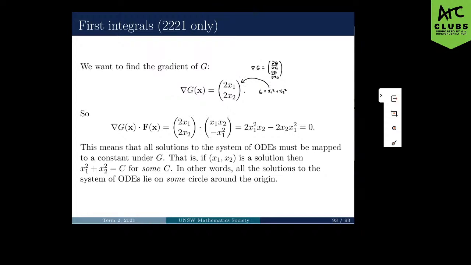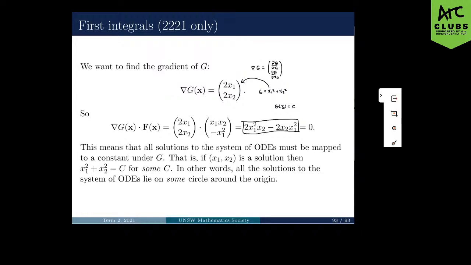So now we take the dot product of the gradient of g and f, and we find that, yes, the dot product is 0, and so g of x must be a constant for all solutions of dx/dt equals f of x.